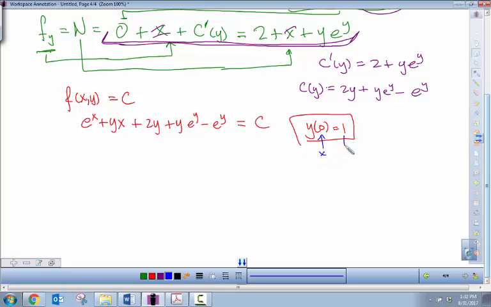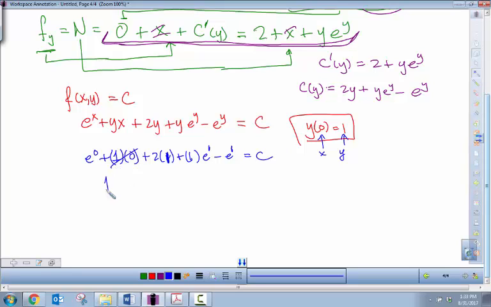Our x value is 0 and our y value is 1 from our initial condition. So if we go ahead and put 0 in for x and 1 in for y, we should be able to solve for c.